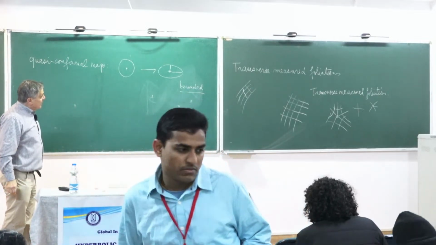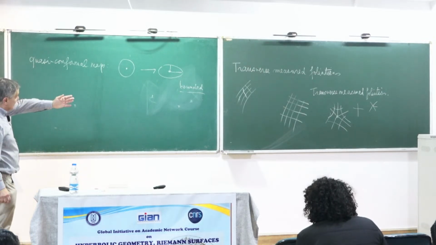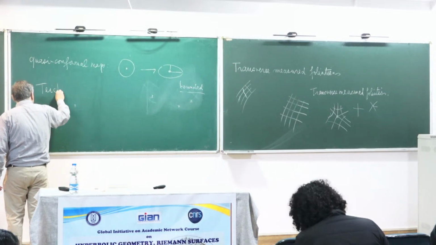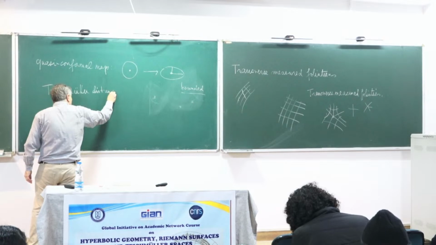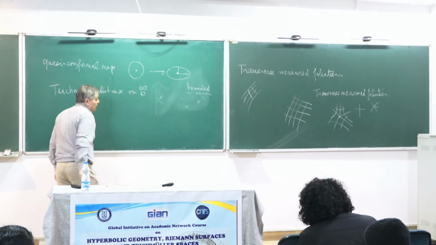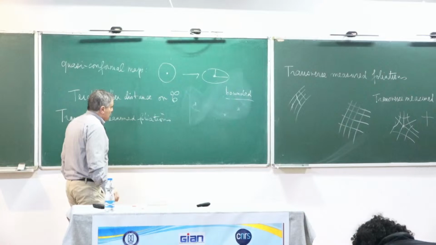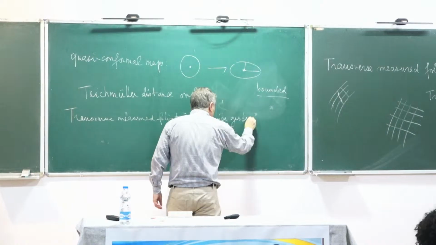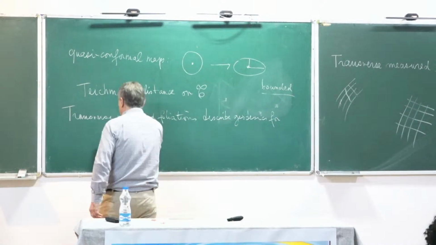And what I want to do is make the relation. In fact, we said that there is a Teichmüller distance on Teichmüller space, which describes geodesics for this metric.